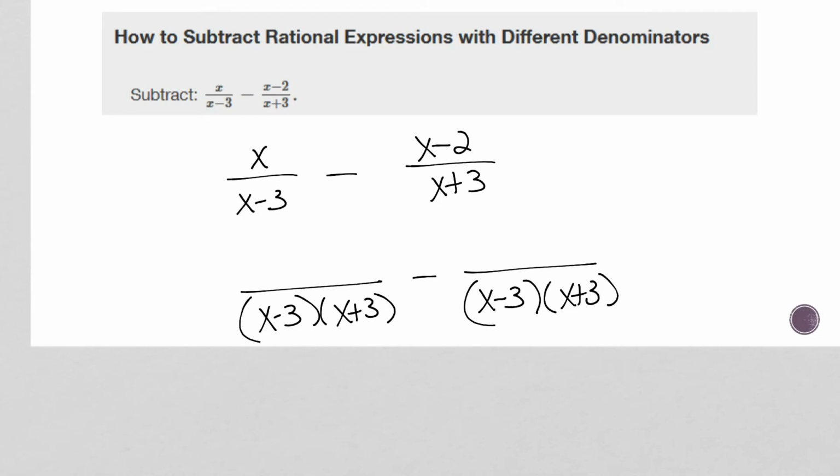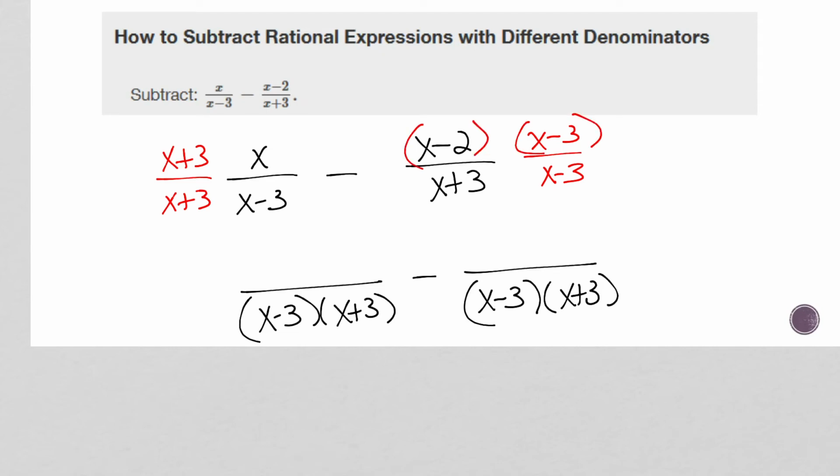Okay, so from here to here, I need an x plus 3. So I need to multiply by x plus 3 over x plus 3. Okay? From here to here, I need an x minus 3. All right, so now let's distribute. The harder one is going to be this one over here, because remember, we've got to find that middle term.